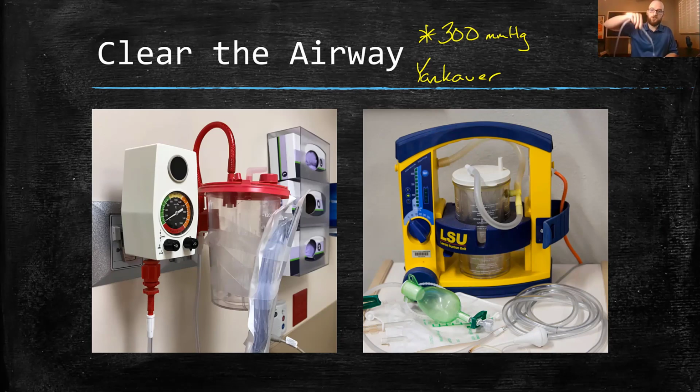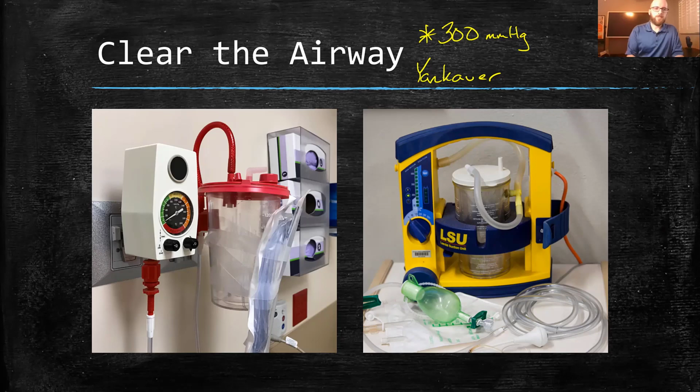They'll say insert it without suction, which, even though the machine can be on, just means we haven't covered up that hole yet. So insert it without suction on, then start the suction, and in a circular motion on the way out, you can suction it out.